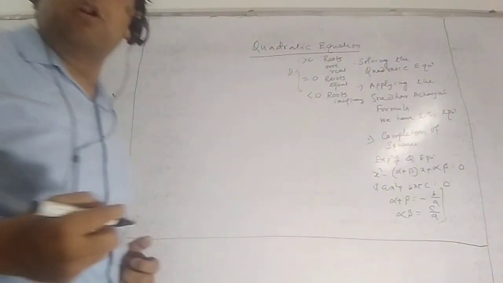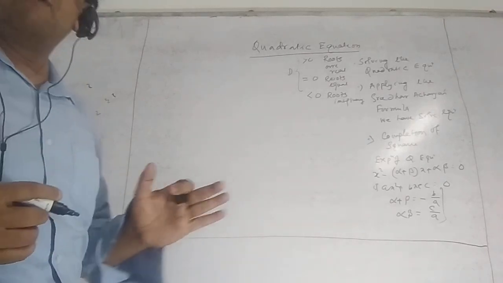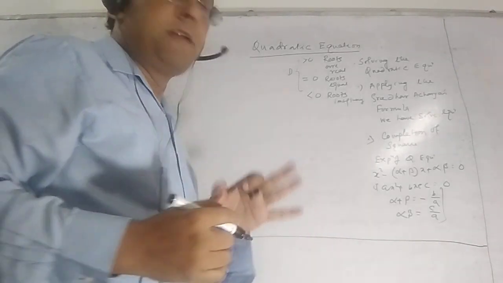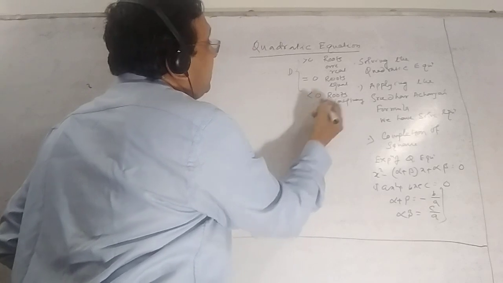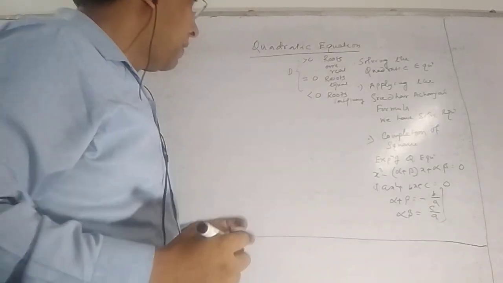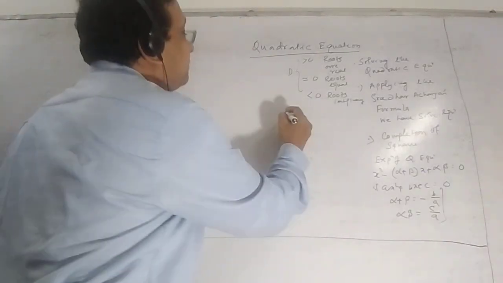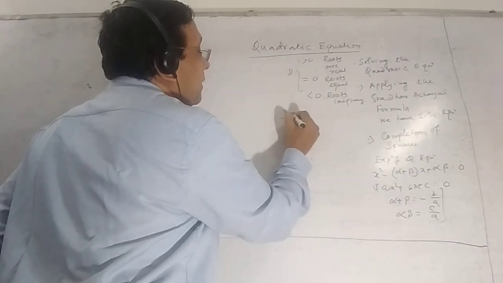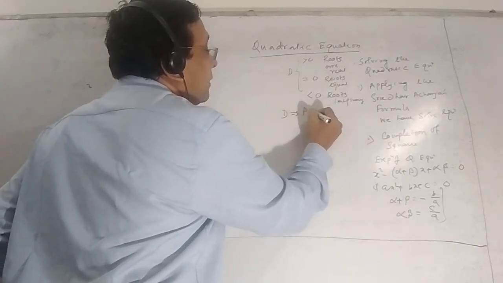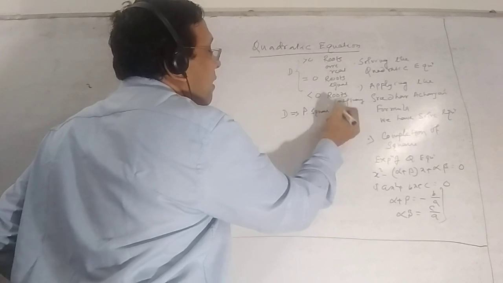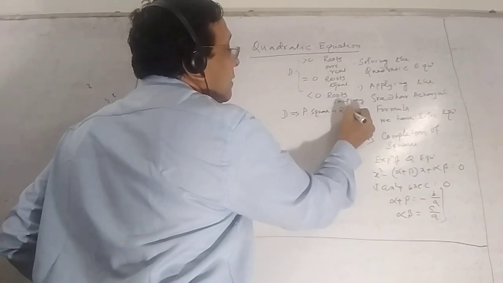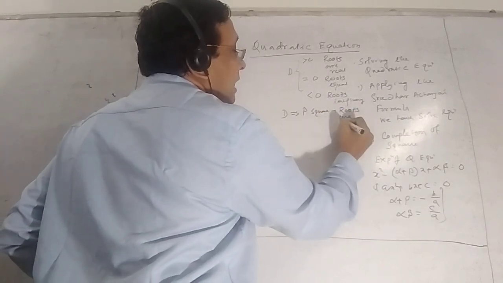This you have already learned in class 10, and in our last class we also did that if the discriminant D is a perfect square, then roots are rational.